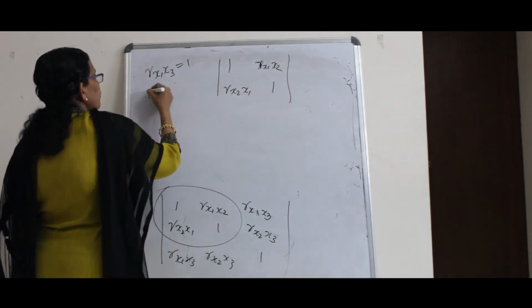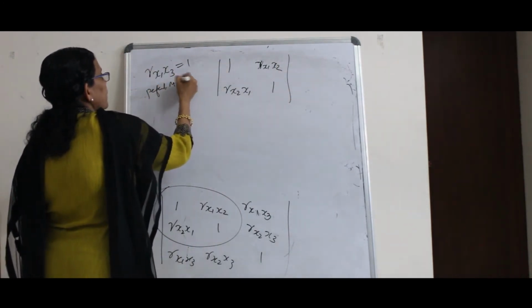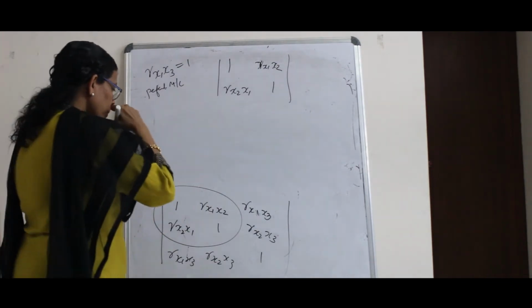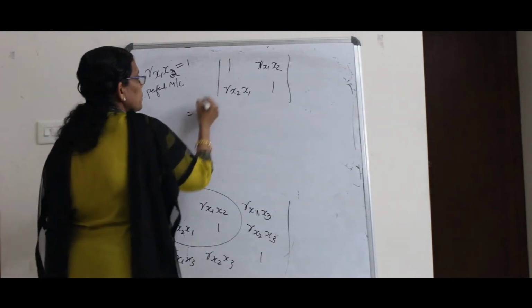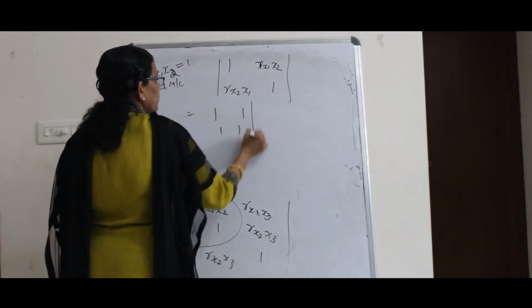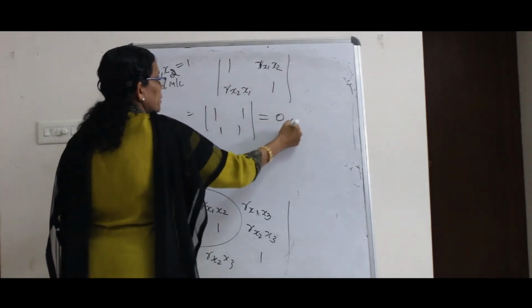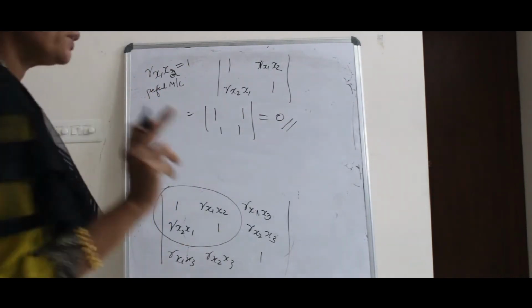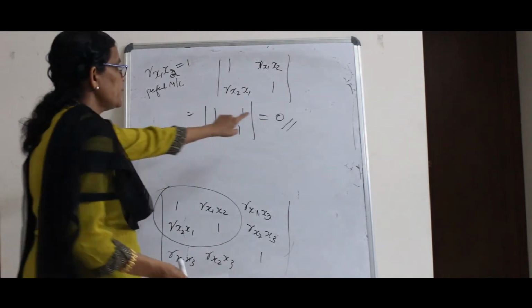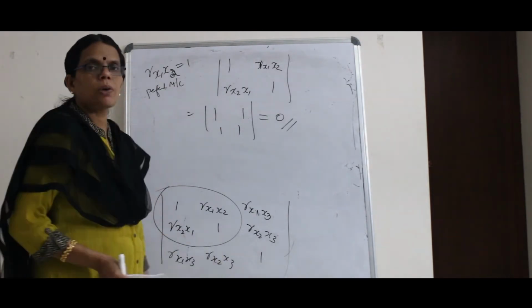In the case of perfect multicollinearity, Rx1x2 is equal to 1. So that means 1, 1, 1, 1. What is the determinant? The determinant is 0. So if the determinant of the standardized matrix is 0, then we say we have perfect multicollinearity.